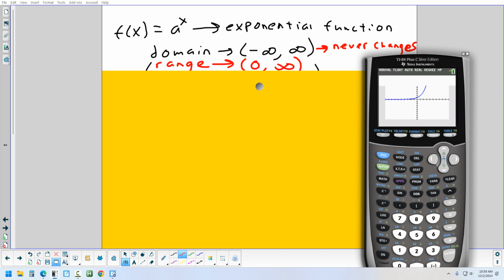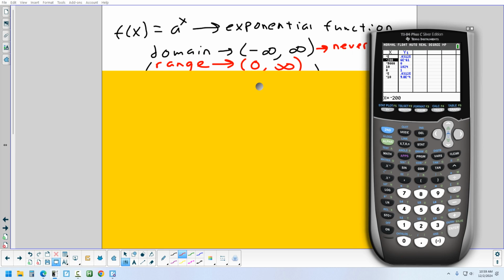And you can tell it never reaches 0, because if you plug in a number like -5, you get 0.03. If you do -7, you get 0.007. It's just getting very close. 0.001, and then eventually we're going to get into scientific notation. So that's 0.00003. Okay, so it's getting very, very close, but it never reaches it.